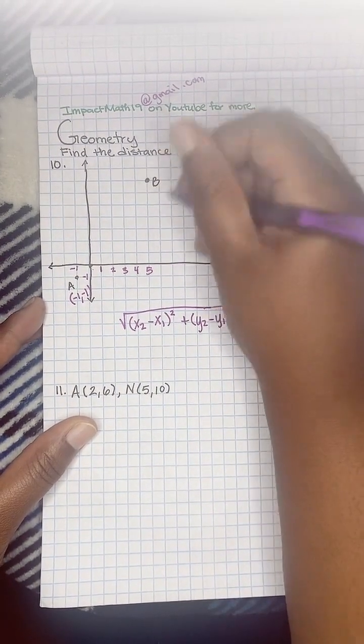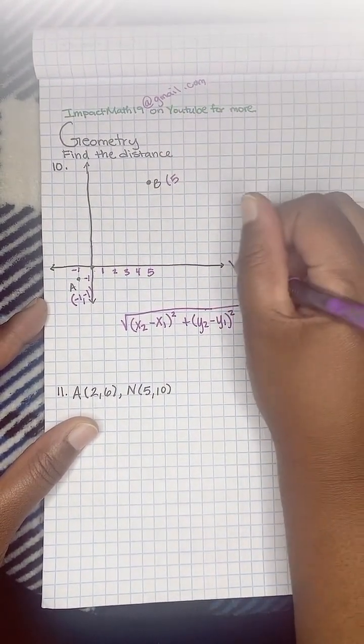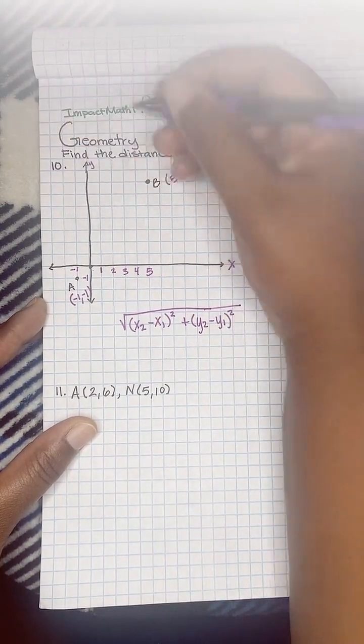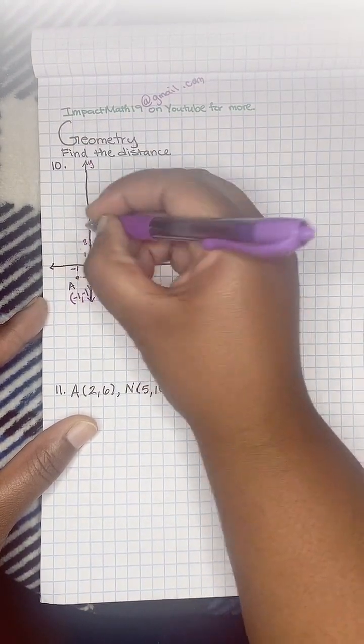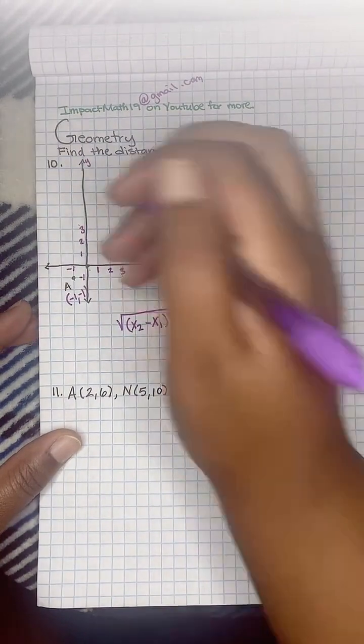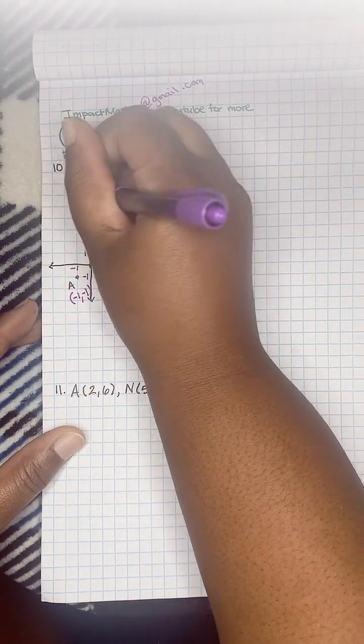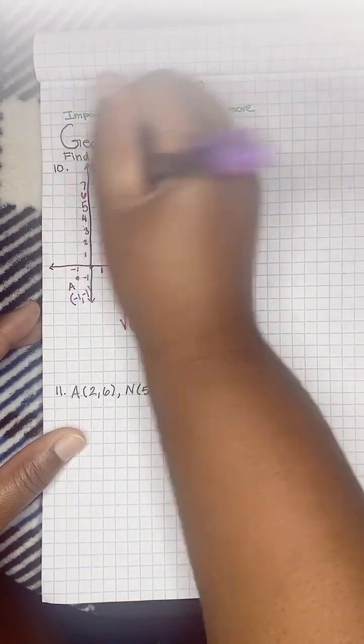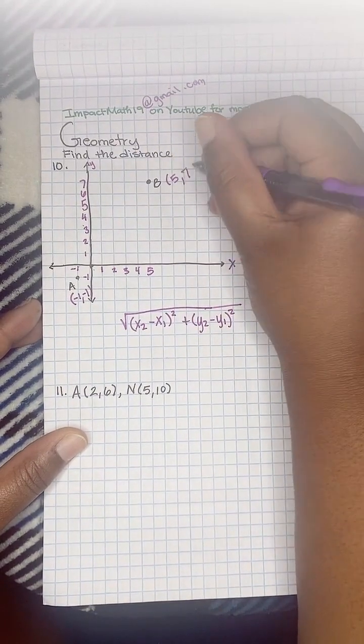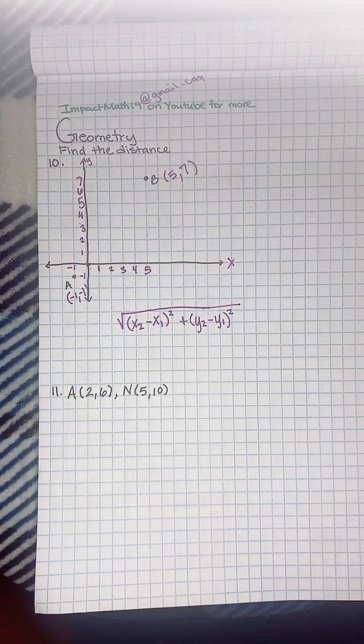So this is going to be 5 on the X, because this is the X axis, then the Y. And we have 1, 2, 3, 4, 5, 6, 7. 5, 7. Yep, 5, 7. Wonderful. Good, you guys.